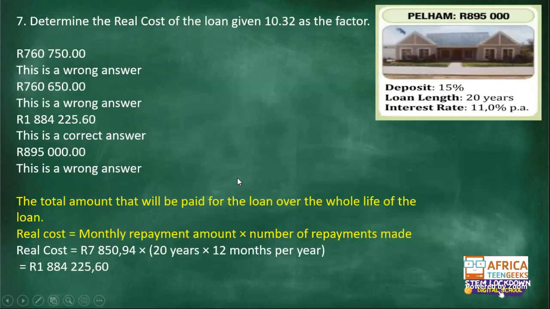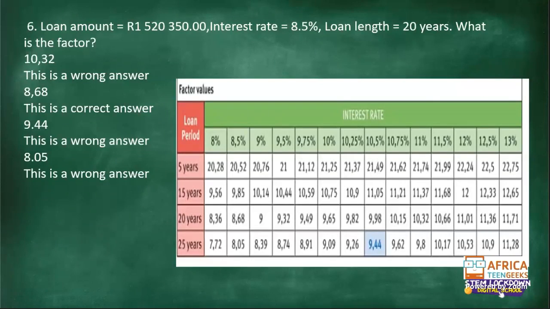Right? We are now going to determine the real cost of the loan if we are given the factor of 10,32. Remember, just before we carry on with this example, we have got our interest rates. If you look at the same table here, our interest rate is 11%.